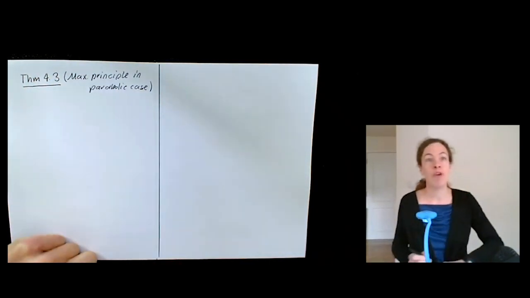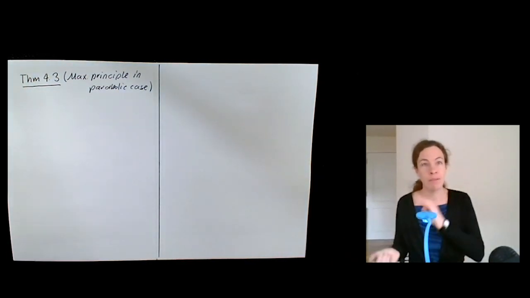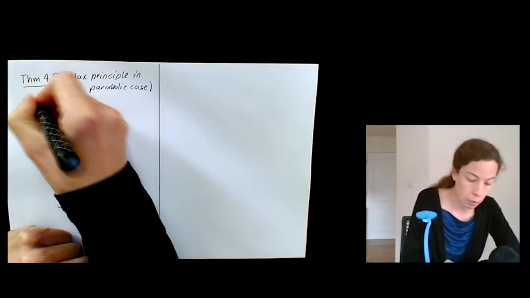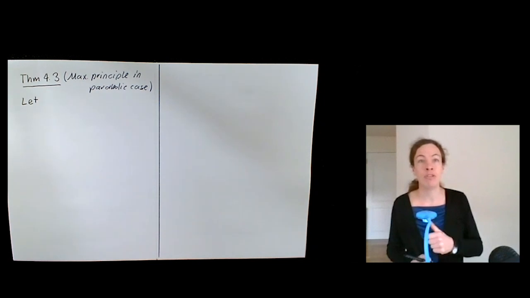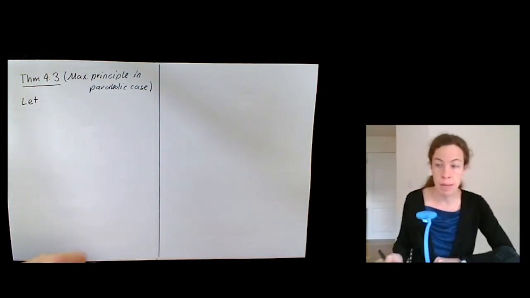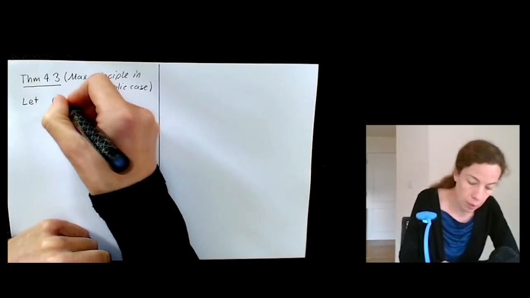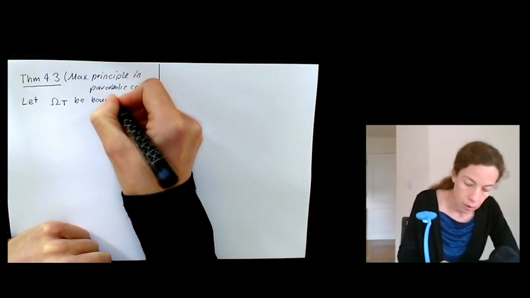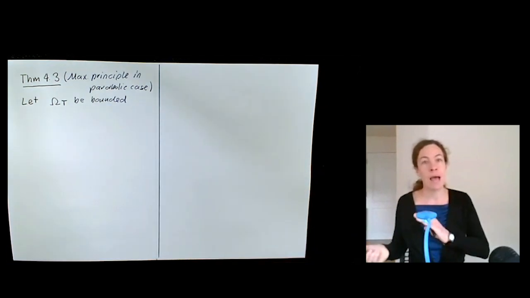So how do we want to formulate this theorem? Let's first talk a little bit more about the domain. We're asking here that we're in 1+1 dimension, so 1 spatial dimension, 1 time dimension, and we're considering a domain omega T, which is bounded by different types of curves.